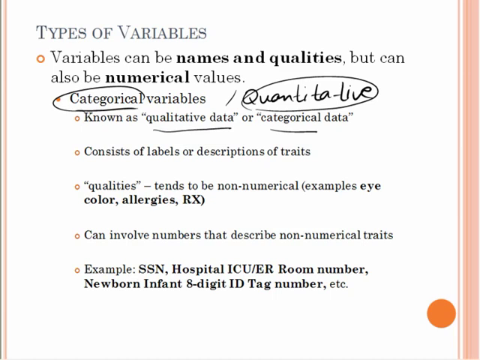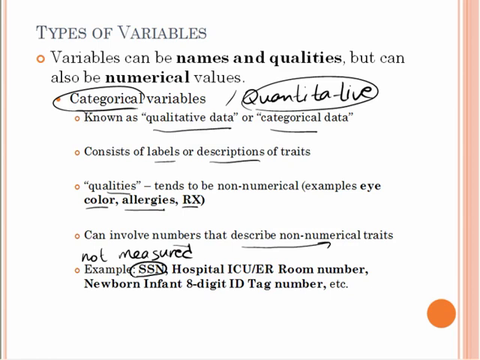Okay, so categorical can be labels, descriptions of traits, qualities, eye color, drug allergies, drug prescriptions, and so on, right? And they can involve numbers, but numbers that describe non-numerical traits, in other words, not measured. In other words, we cannot compare the two things, even if they're numbers.